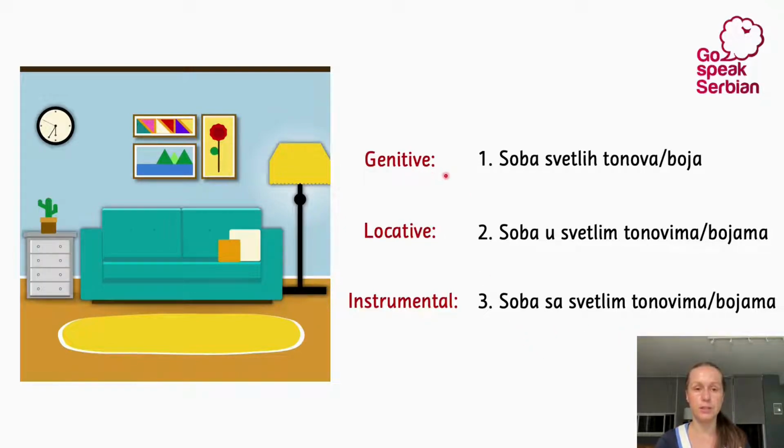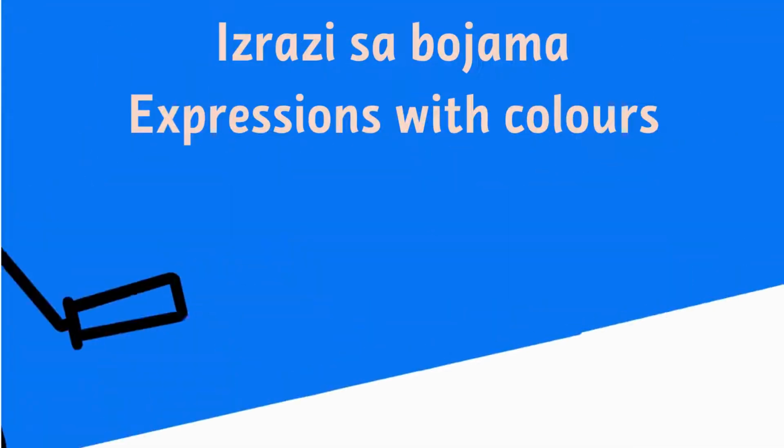So genitive, locative, and instrumental, besides nominative, can be used to describe appearance, and we can use colors in this context to describe what something looks like.